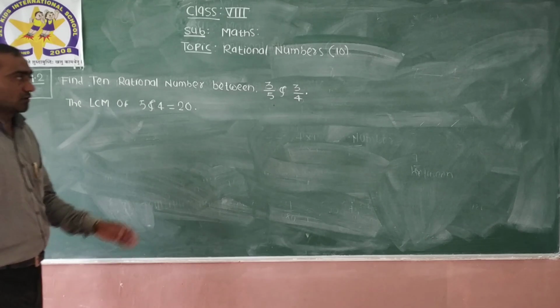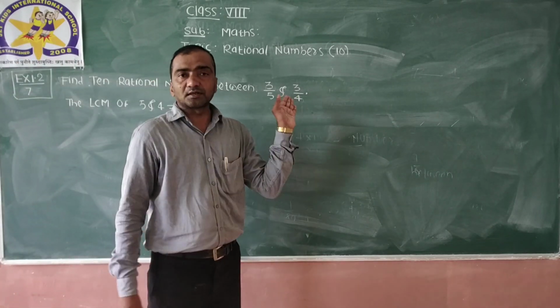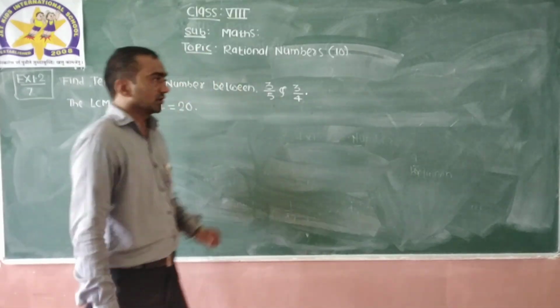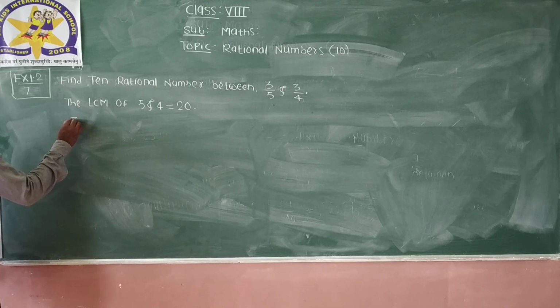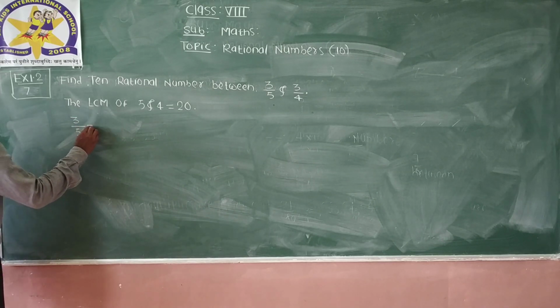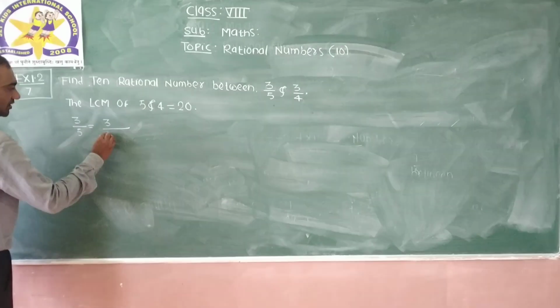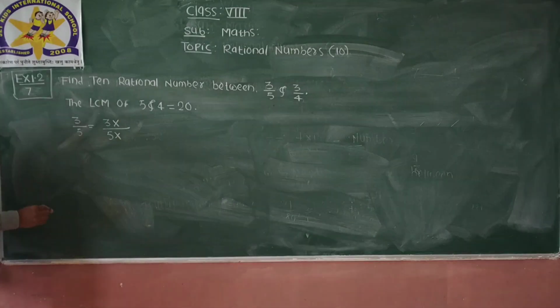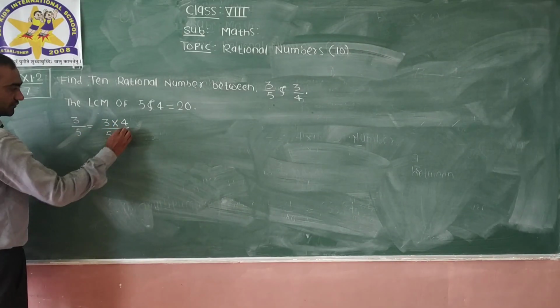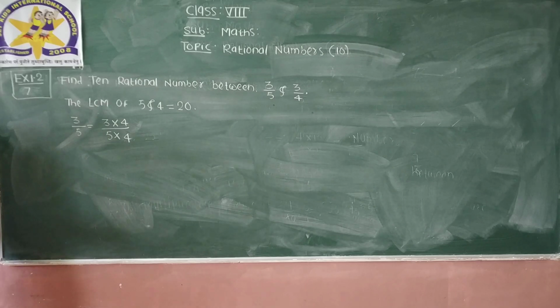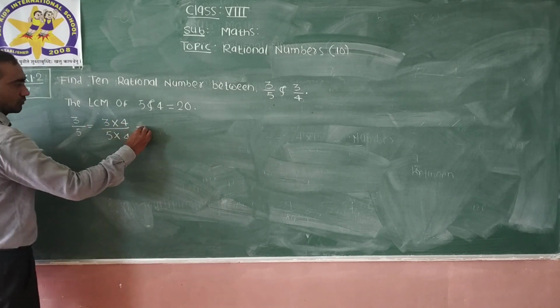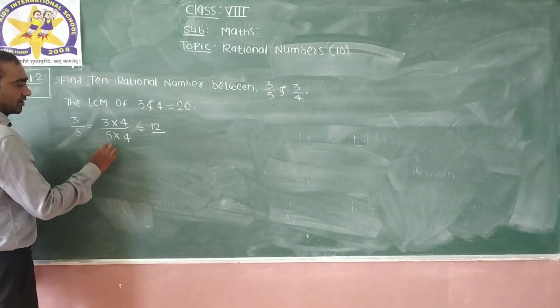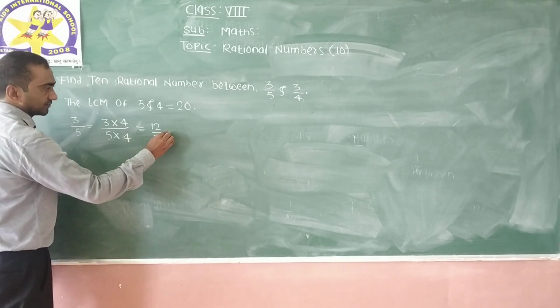So we convert their denominator equal to 20. Okay, first rational number is 3 by 5. Multiply numerator and denominator by 4, so we can convert their denominator equal to 20. 3 into 4, 12, divided by 5 into 4, 20.